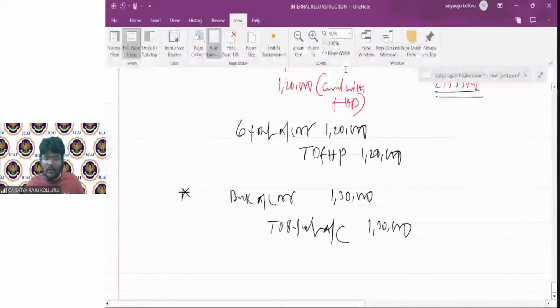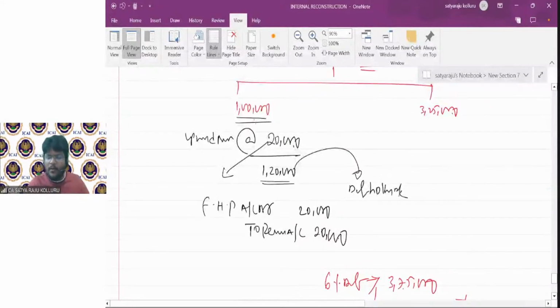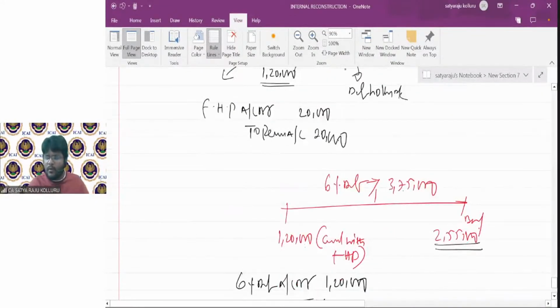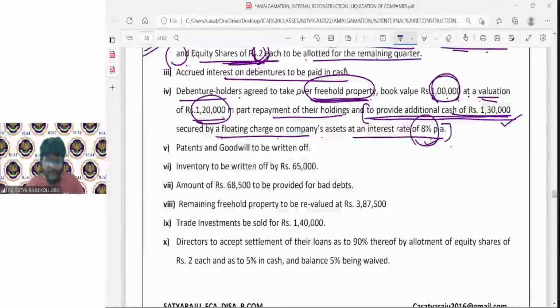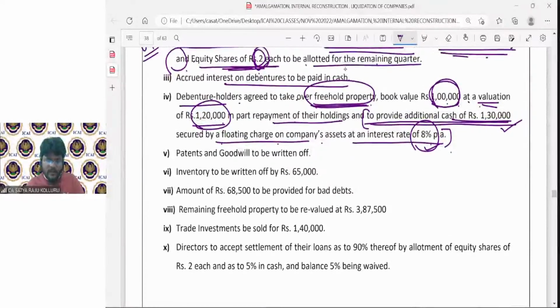Now, you may have a doubt about what happens to the balance freehold property and the balance debentures amount. For that, if you observe the additional information we have not yet read, here in point number 8, remaining freehold property to be revalued at 3,87,500.